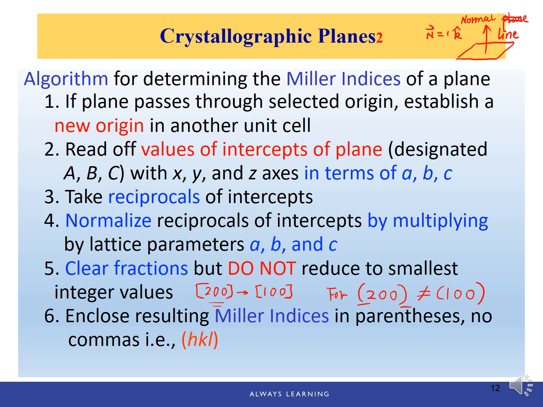There's no commas between those numbers. So for Miller indices of planes, we use HKL to represent the 3 integers, versus for lines or for directions, we use U, V, and W for the Miller indices of directions.